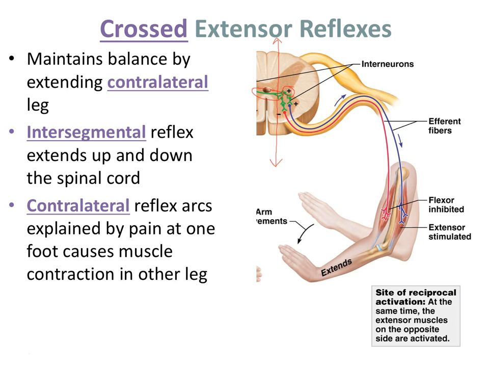So in this reflex arc, we have our interneuron that comes from the flexor withdrawal reflex. So there's pain in one arm or leg. It comes across the spinal cord, and we stimulate the motor neuron that goes out to our extensors.